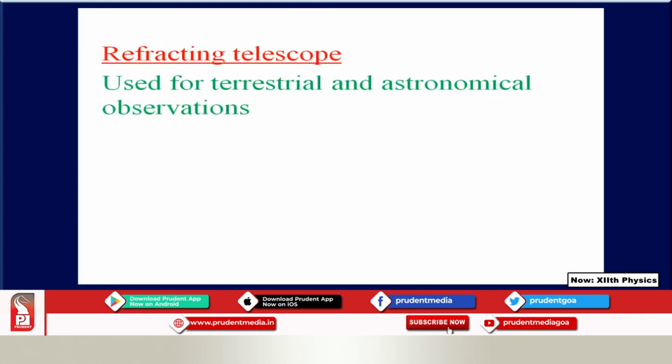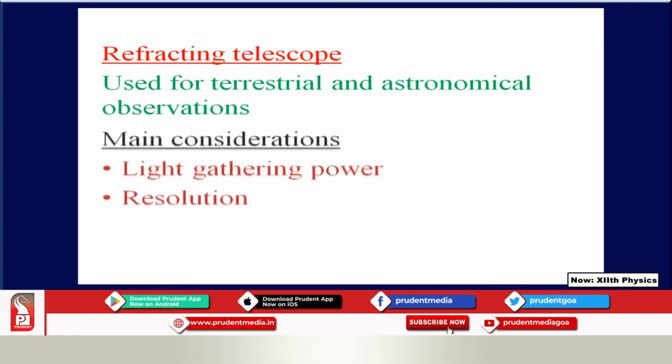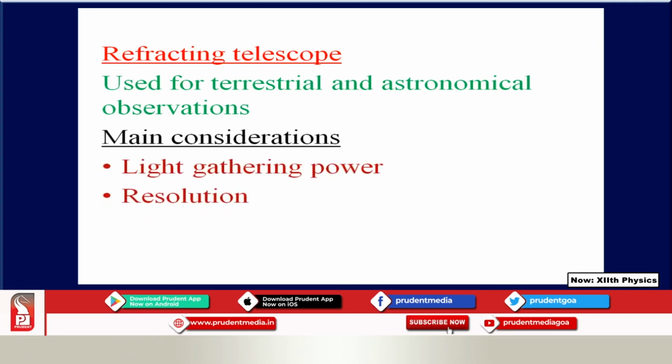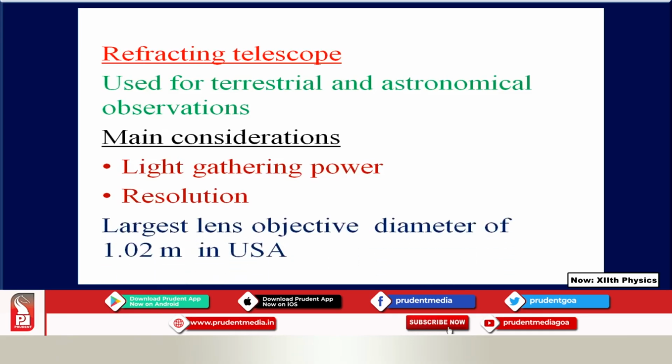Now, the refracting telescope is used for terrestrial as well as astronomical observation. The main thing we want when using a telescope is high light gathering power and high resolution, correct. In order to have light gathering power, the objective size has to be bigger, the aperture has to be more.